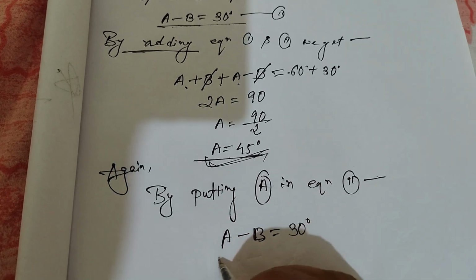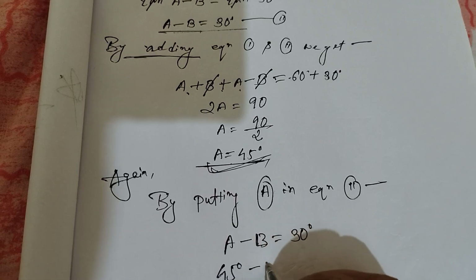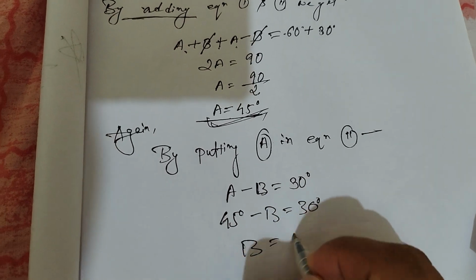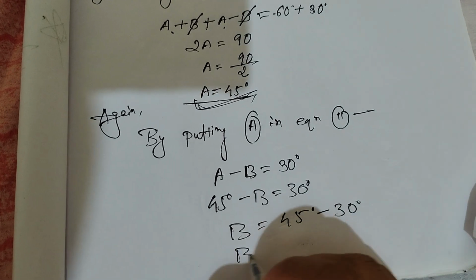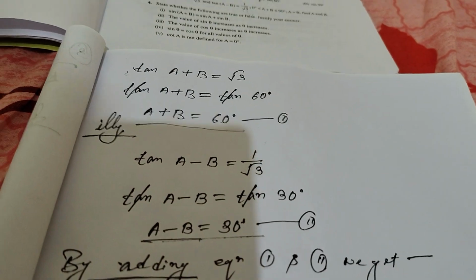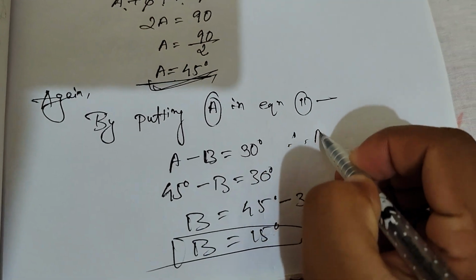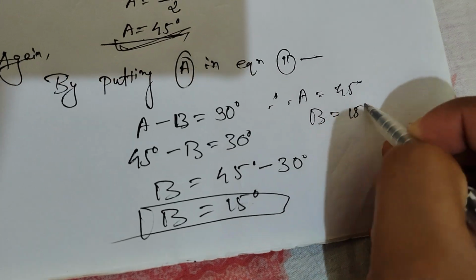We get what? 45 degree minus b equal to 30 degree. So we can write b equal to 45 degree minus 30 degree equal to b equal to what? 15 degree. So what we have to find, you can see in book, find a and b. So therefore a equal to what? 45 degree, b equal to 15 degree.